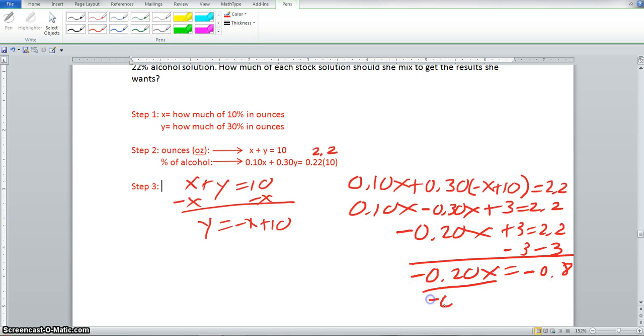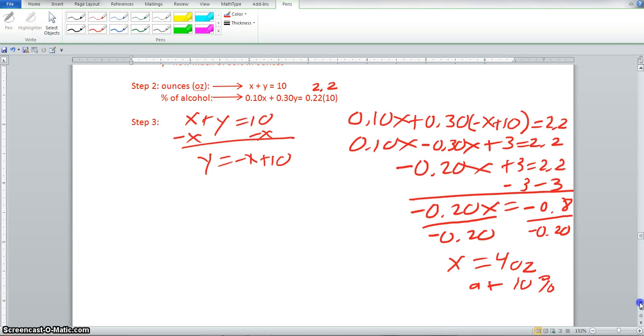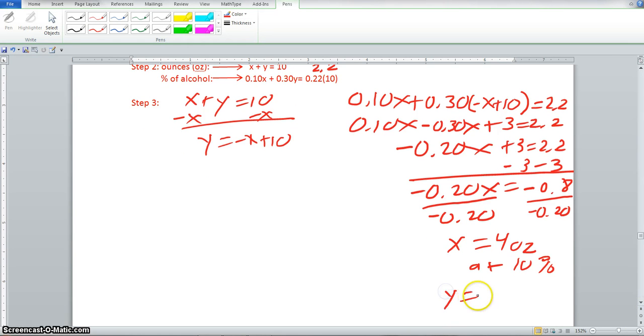Now we divide each side by a negative 0.20. So we would have x is equal to 4 ounces at 10%. And since we know x plus y is supposed to give us 10, we know that y is 6 ounces at the 30% solution.